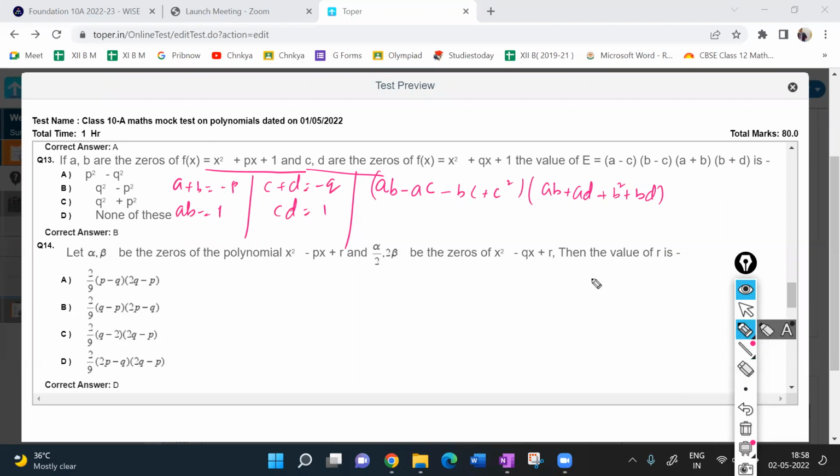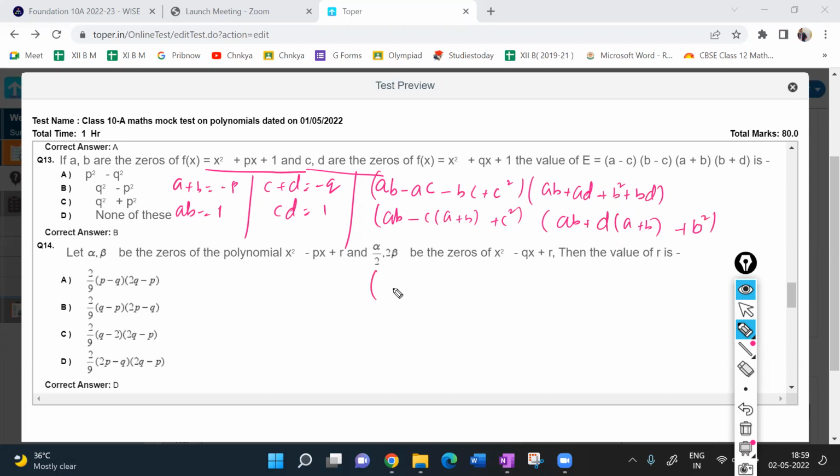Okay, this is what I got. Now A plus B we have. So AB we have. Taking C common, so A plus B, C square as it is. So AB we have. Taking D common, again A plus B plus B square, correct?